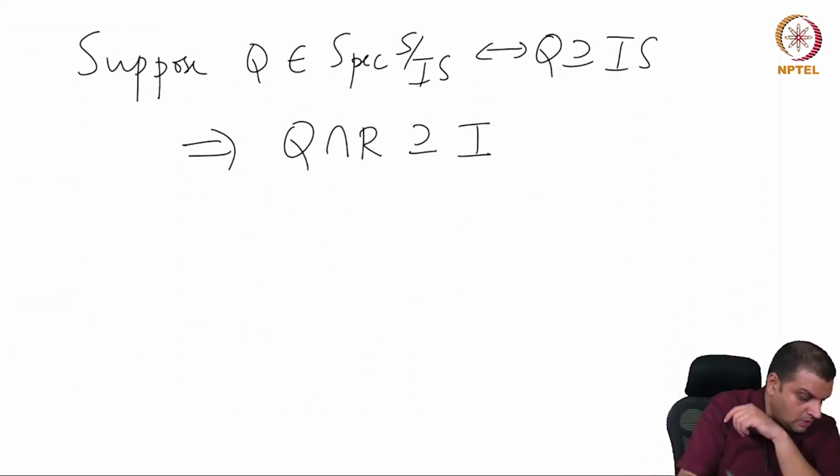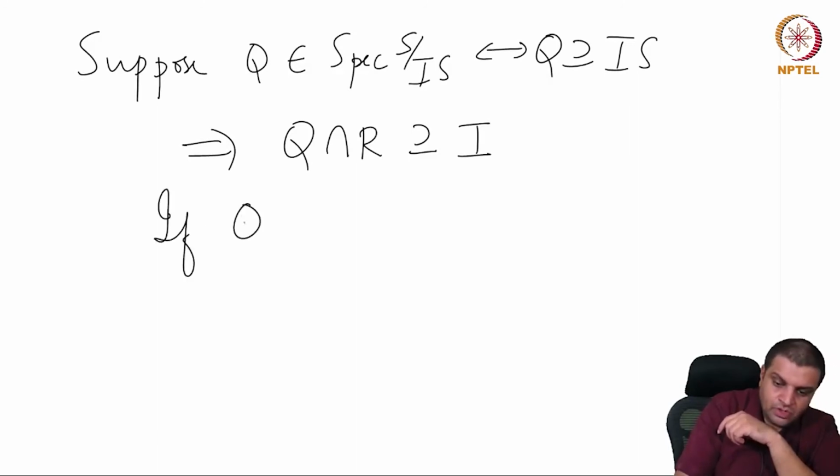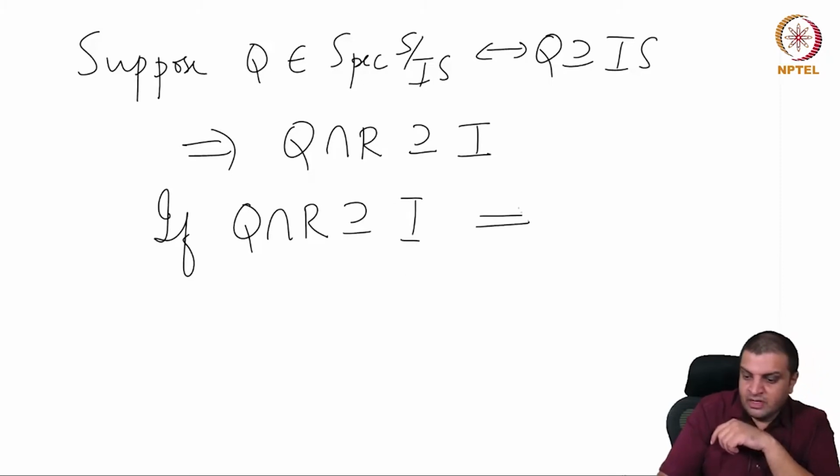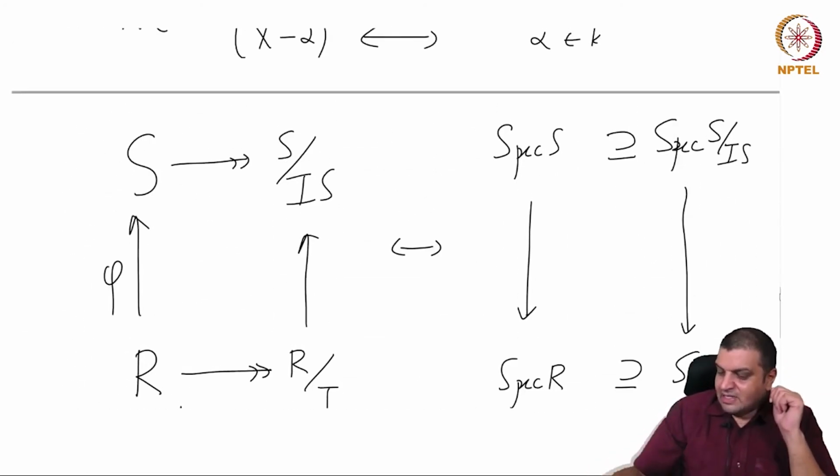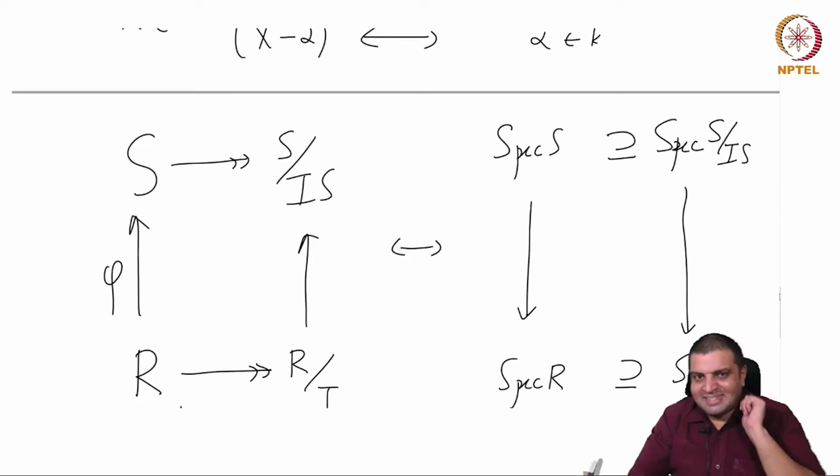So now, conversely, if Q contracted to R contains I, then Q will contain IS. So that's the other direction, which again is not explicitly stated here.